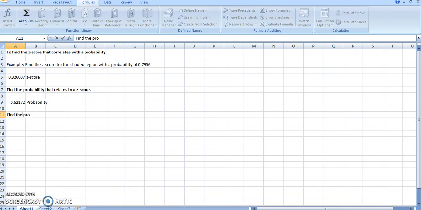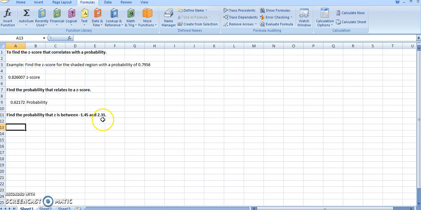So let's say we want the probability that z is between negative 1.45 and 2.31. If you think about the picture, then you're looking at the area from the far left and the far right.